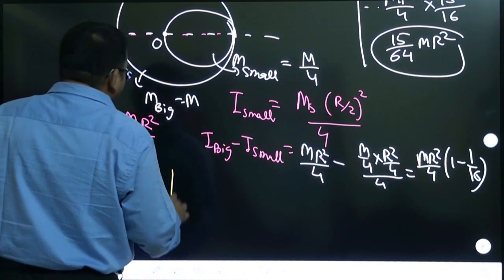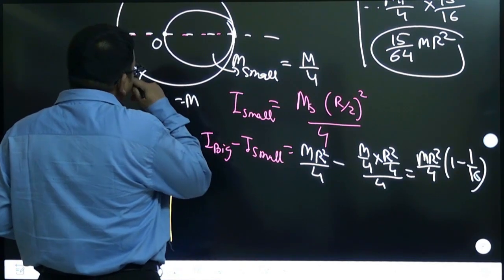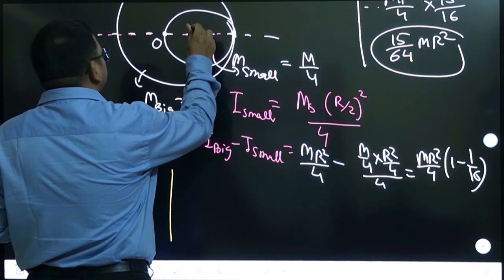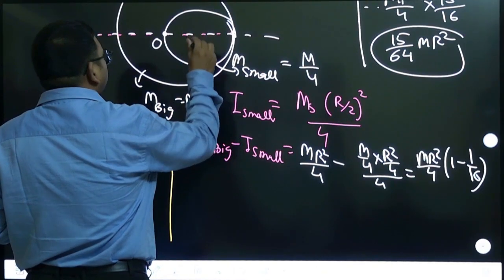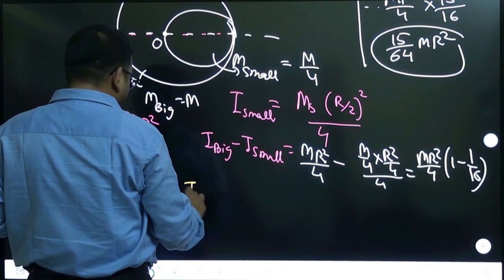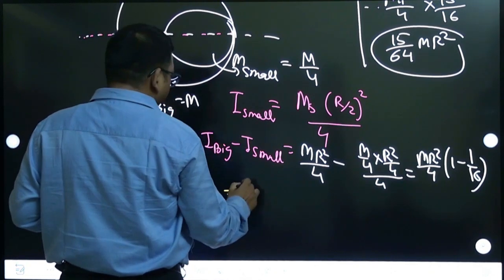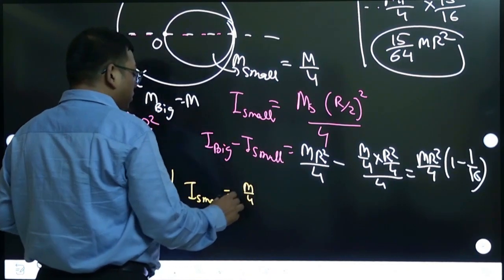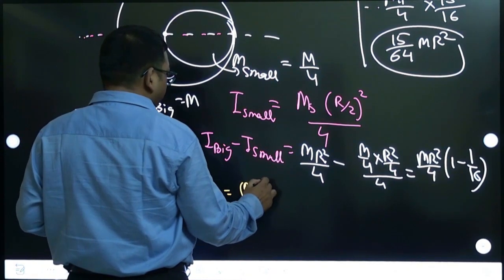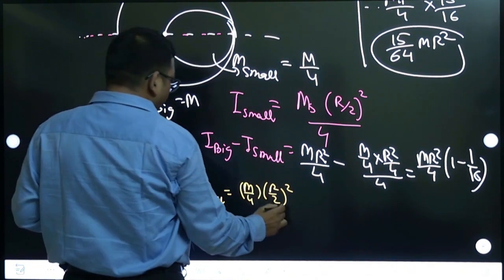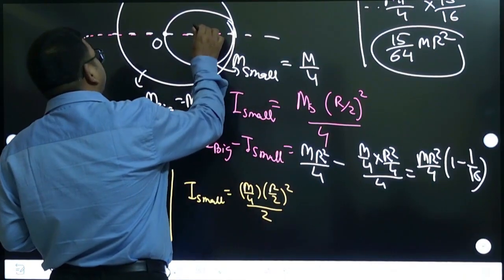And what about I small now? About this axis only you need to calculate. So about this axis it is Mr square. So I for the small one about that axis, you calculate. So mass is M by 4, M into radius r by 2 square. So Mr square by 2, that is about this axis.